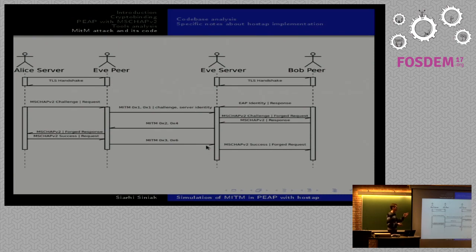So since we performed man in the middle, if peer and if server, they are in possession of both secret keys for tunnels between Alice server and if peer, and for the tunnel between if server and Bob peer.